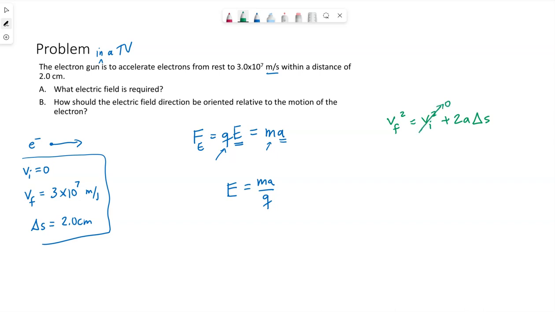Initial v is 0, and so a, our acceleration, will be v final squared over 2 delta s. So 3 × 10⁷ squared over 2 × 0.02. We need that in meters for this acceleration to be in meters per second squared.